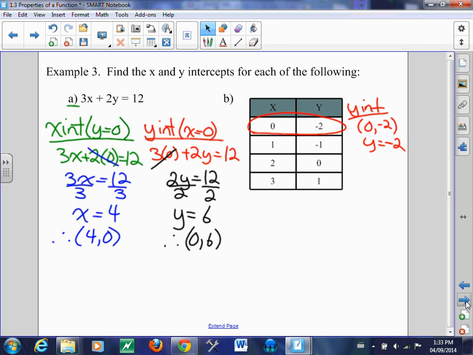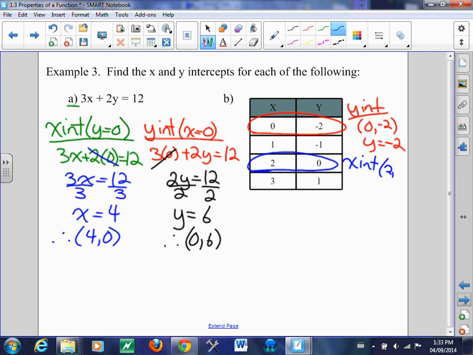Likewise, if we find where y equals 0, this one, we know that's the x-intercept. So the x-intercept occurs at (2, 0), or you can say x equals 2. Good. One more example for us, guys, and then we'll get to the assigned work.